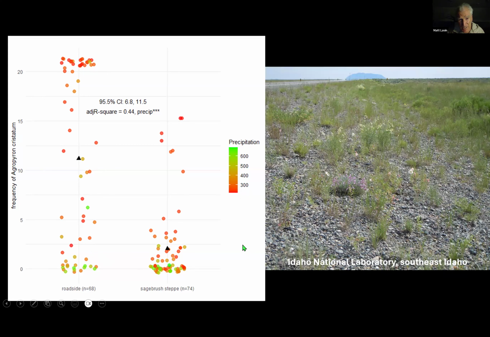Okay, so the model here is, yeah, it does matter whether you're in the roadside or the sagebrush steppe for explaining the abundance of crested wheatgrass, and it matters most if you're at the dry site rather than the wet site. Okay, so that's crested wheatgrass, a subset of introduced plants.